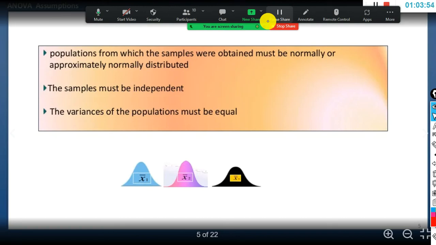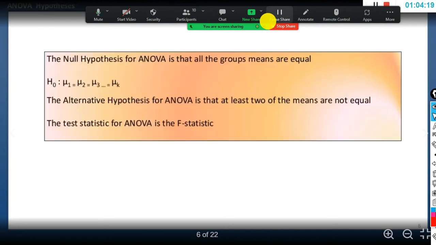These 3 shops are completely different, but the samples you obtain from them should be approximately normally distributed, and the samples must be independent. Obviously, one sample is drawn from Walmart, one from Amazon, and one from Target. The variance of the populations must be equal. This is not always possible, so you can simply ignore that.